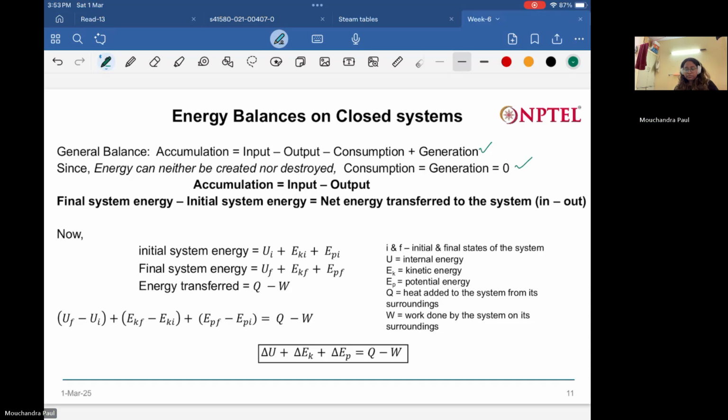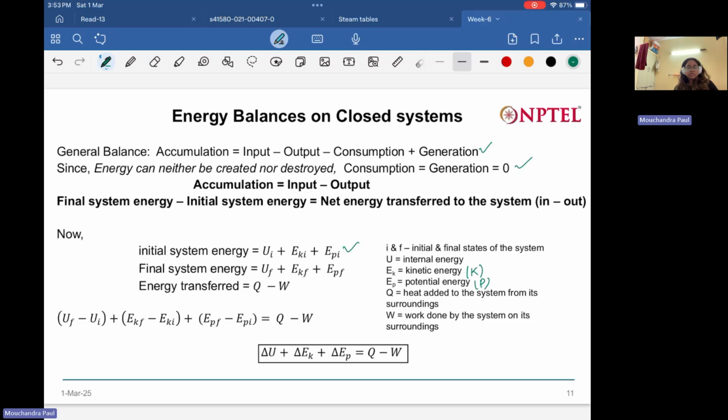So the initial system energy will contain three types of energies: UI, or the internal energy; EK, or kinetic energy. Kinetic energy can also be represented with K, all right? And then potential energy, EP, or we can also write it as P, right?